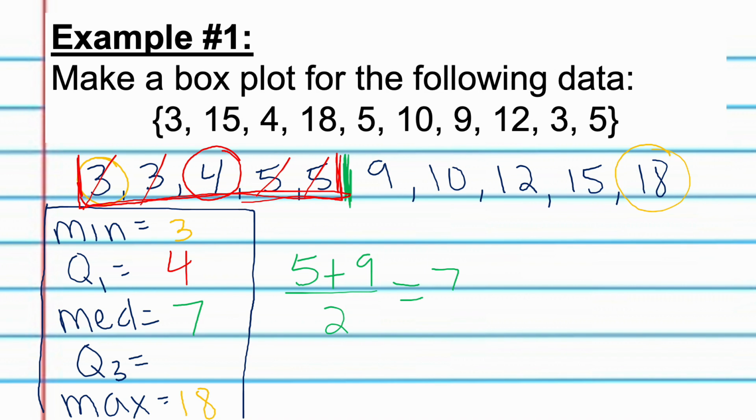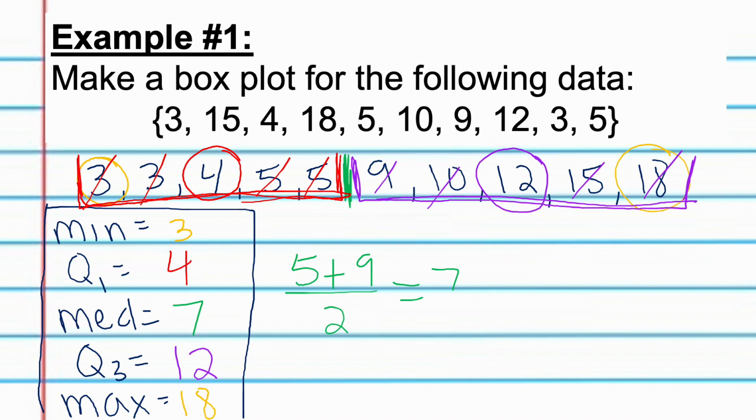Our third quartile is simply the median of the second half of the data. So again, we cross off left, right, until we are left with our 12. So quartile 3 is 12.